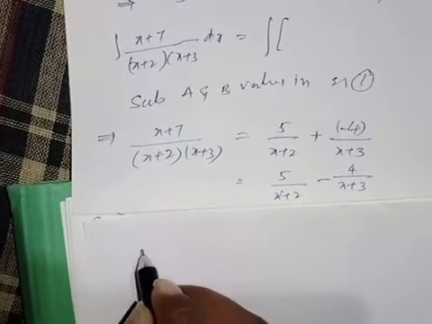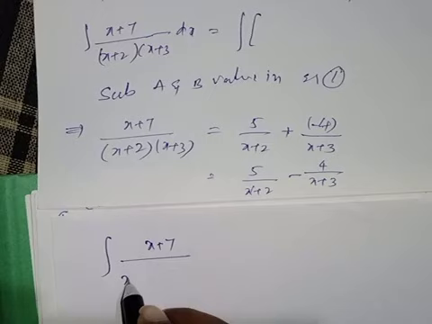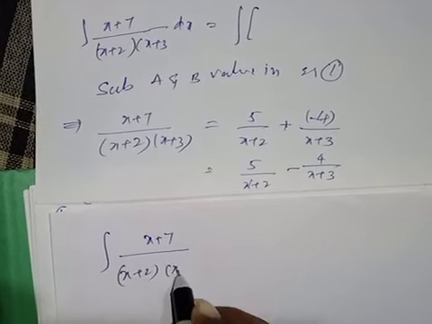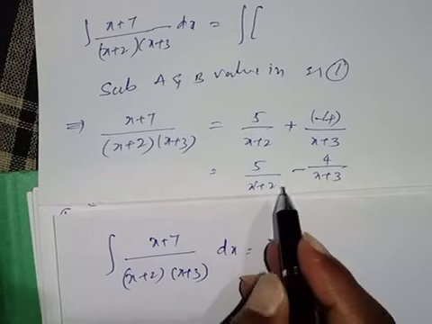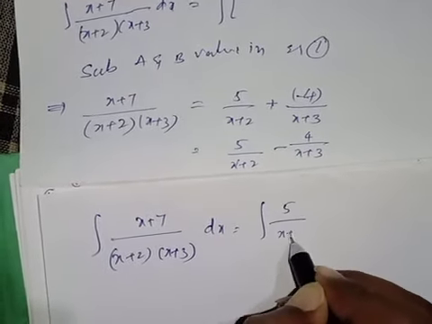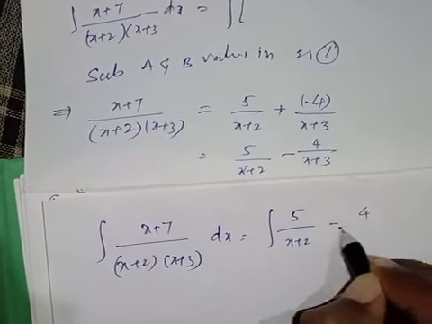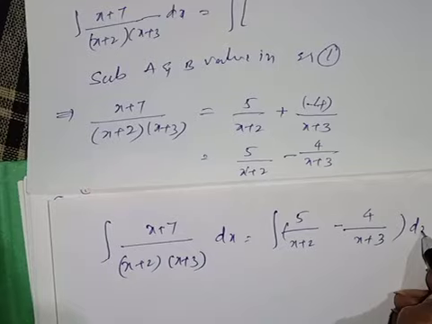Apply integrals on both sides. Integral of (x + 7) upon (x + 2)(x + 3) dx. Apply on the right-hand side also. The right-hand side is the integral of 5 upon x + 2 minus 4 upon x + 3 into dx.